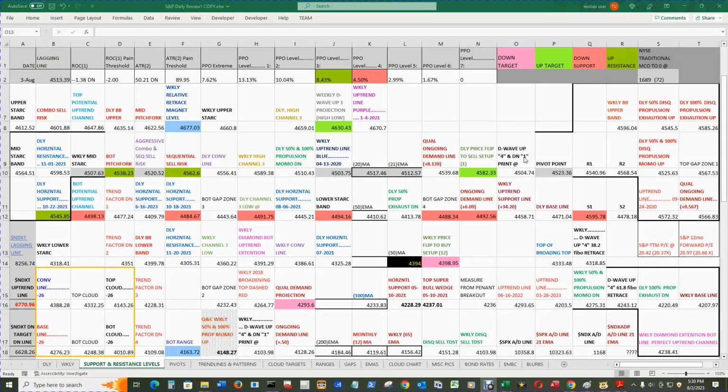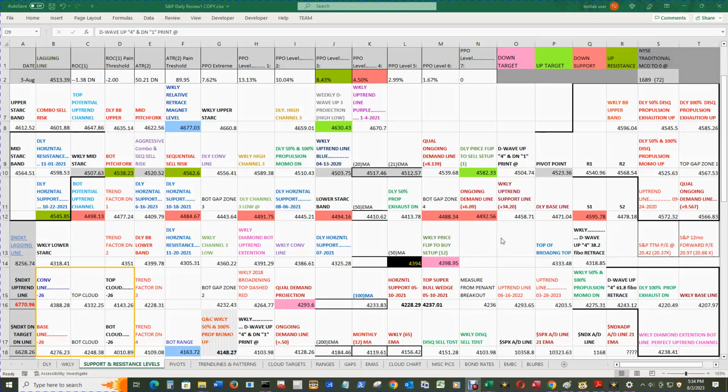So to the downside, 4504.74. If it ticks at that level or lower, then the D wave up 4 and down 1 will print, but the retrace level, 61.8 Fibonacci retrace, is at 43.12, and that will place the D wave up on D wave up 5 and down 3.